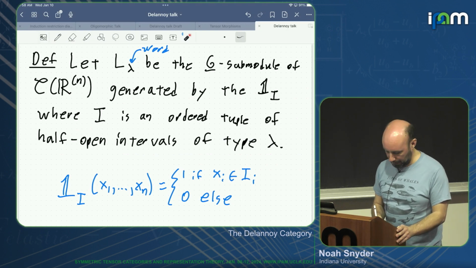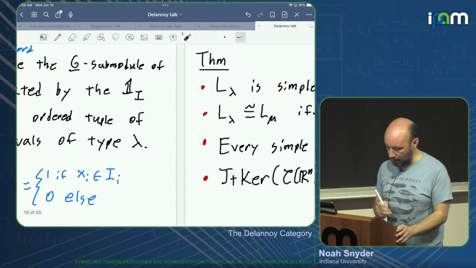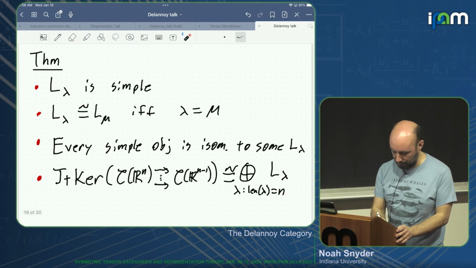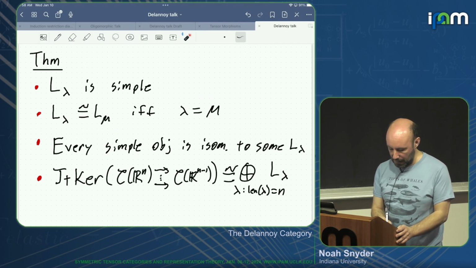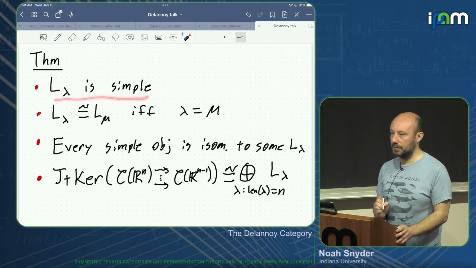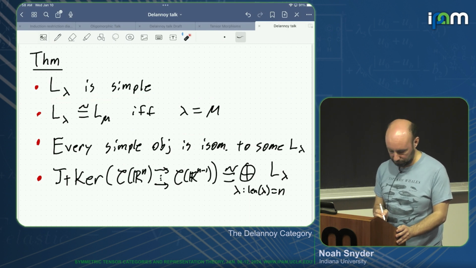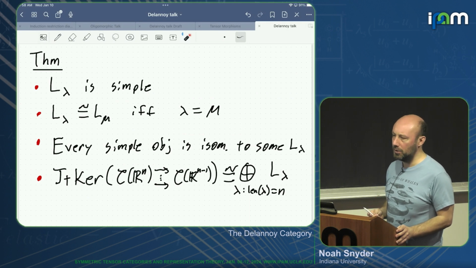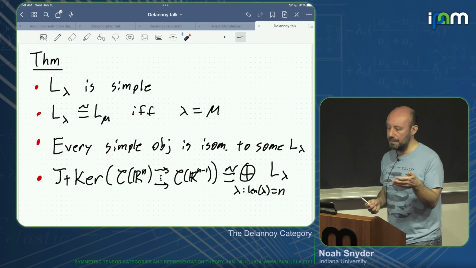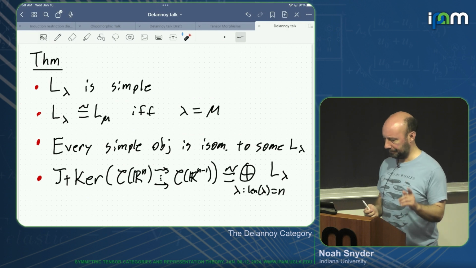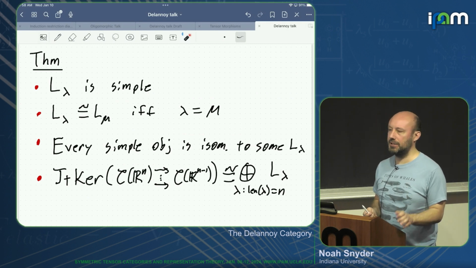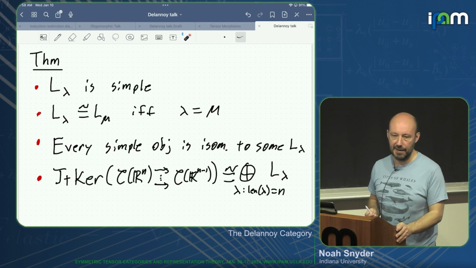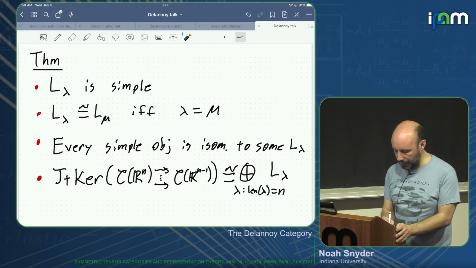Okay? All right. And then the theorem is, and this is one of the main results from our paper, these are simple objects. In fact, they're absolutely simple. Their endomorphism algebra is just the base field K rather than some extension of K. They're pairwise distinct.